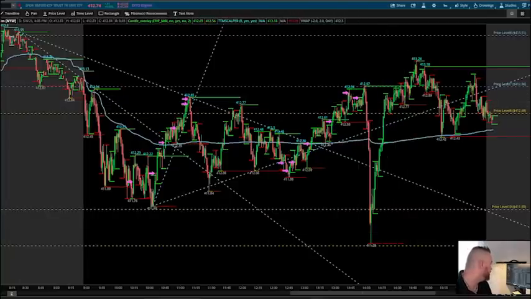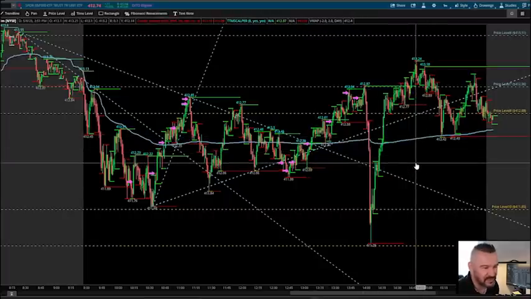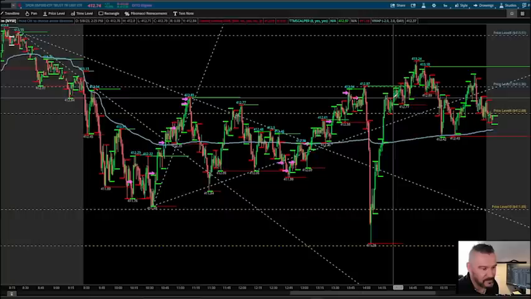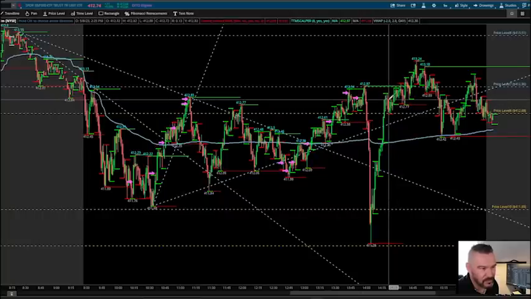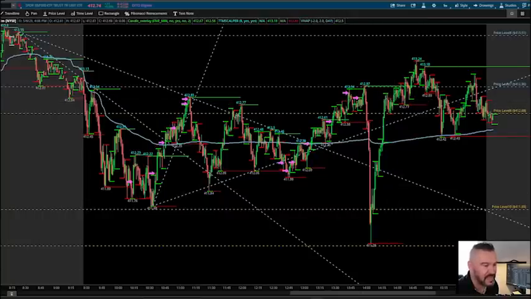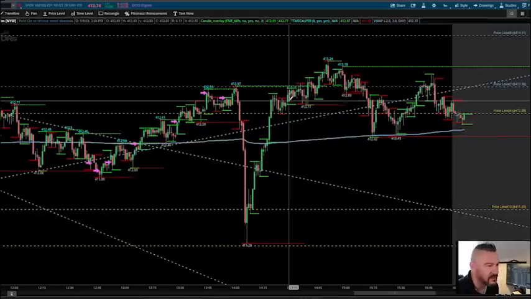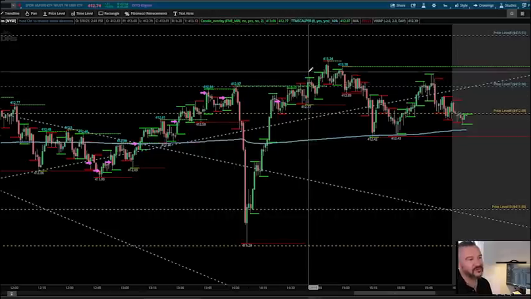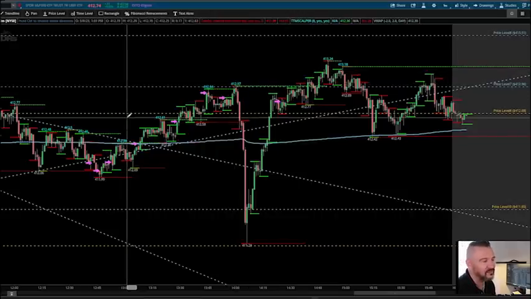So my last entry was at 26. Basically, as we were creating the new high, right? Unfortunately, it's just a little weak. It didn't go right away, but again, it never broke our structure.